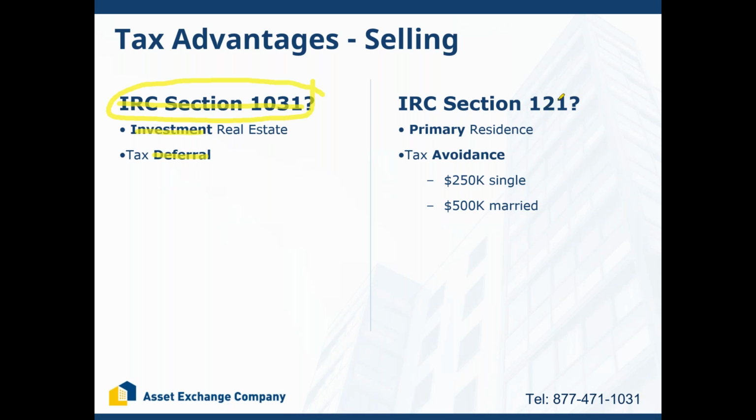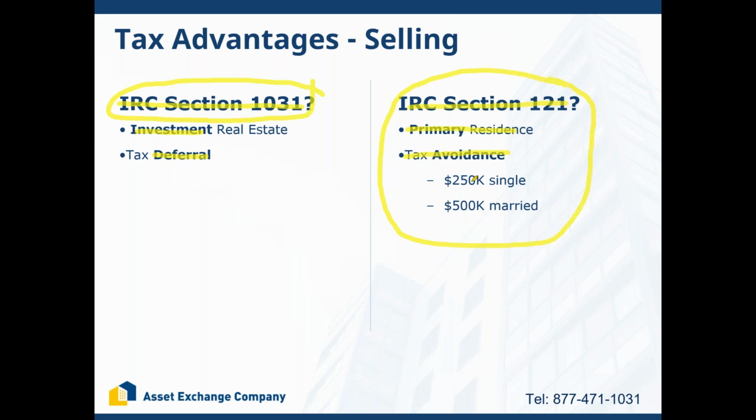But there is another piece of tax law that a lot of people know about. It is the homeowner's exemption, Section 121 of the Internal Revenue Code. This piece of tax law allows you to sell a primary residence and completely avoid paying taxes.